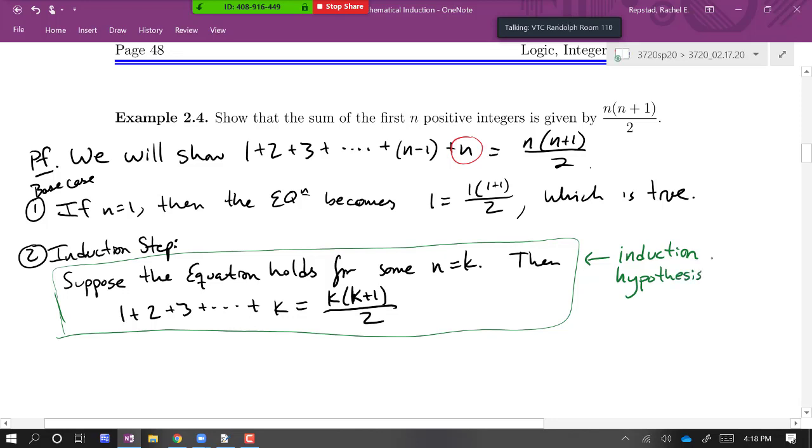That equation in our induction hypothesis, we get to use for free. What we're trying to show is that it's got to be true when n is k plus 1. So let's see what we get when n is k plus 1.